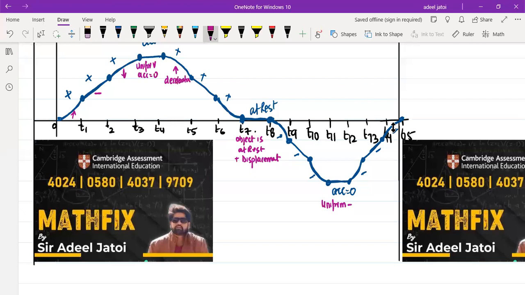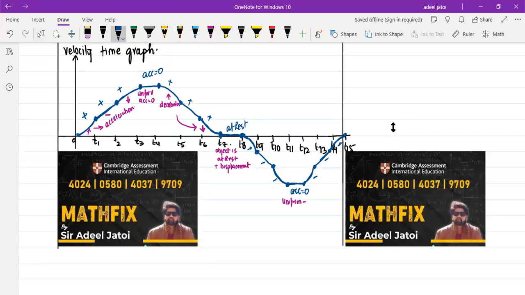These all depend upon acceleration. Whereas here we get negative deceleration as well, but this will be increasing and this will be decreasing. So similar to the part B.